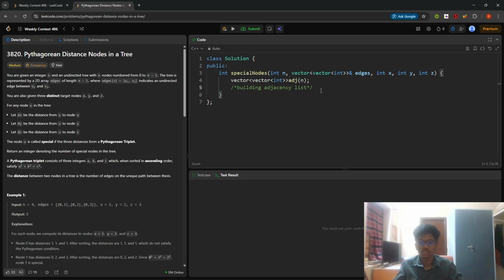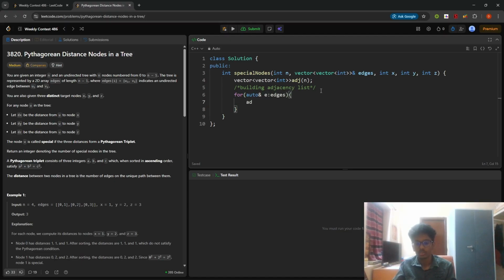Yeah, build the adjacency list. Okay, done with building the adjacency list.